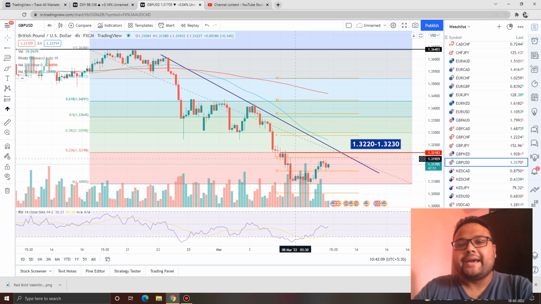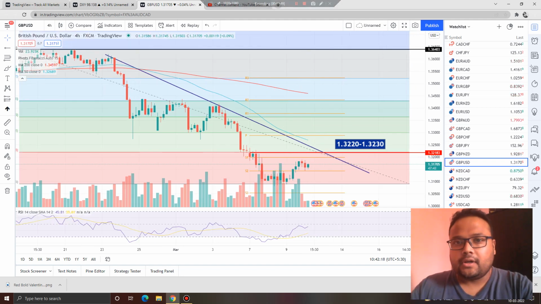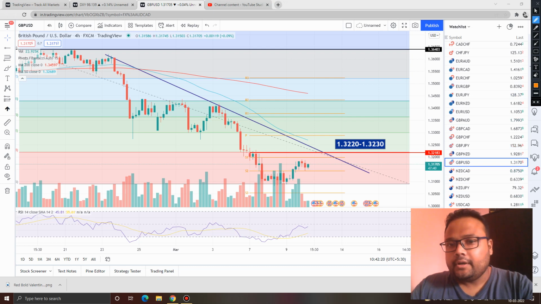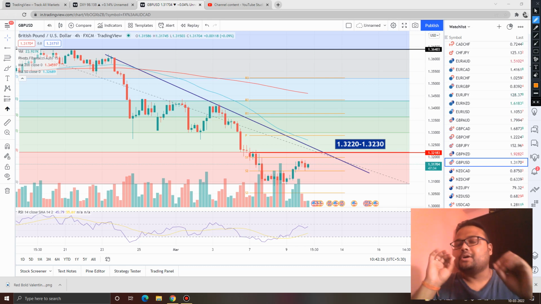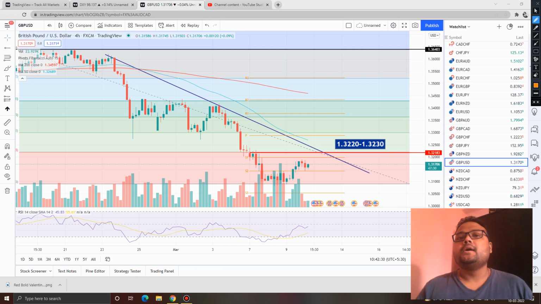For them, I would like to mention that if you ask me where should we trade, I have only got two levels for you. First of all, 1.3220, 1.3230. This is a resistance for the market. If the market goes up, there is a possibility that it will reverse from this level. Why? Because in this market we do not see that raw buying power.